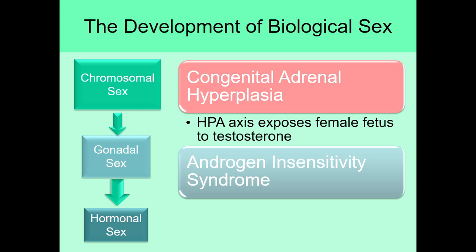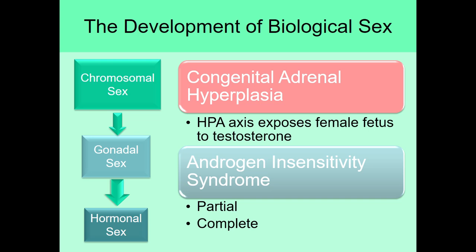Androgen insensitivity syndrome is the thing that might happen for a male baby, a male fetus, who has the X and the Y, but for some reason is insensitive to the androgens that are being secreted by his body. And usually it's going to happen after the development of the sex organs.